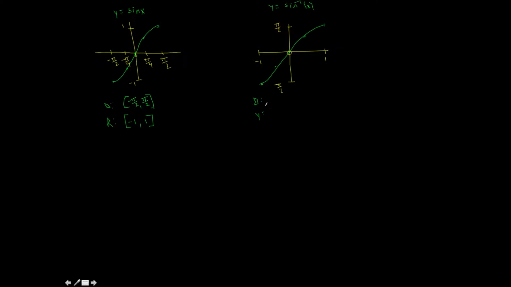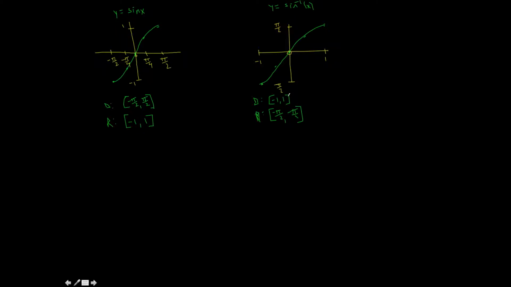Another characteristic of inverses is that the domain of the original is the range of the inverse. I put y, that's because range is the y value typically. It's the range of the inverse. And the range of the original is the domain of the inverse. So that's another characteristic you need to keep in mind as you're going through this.